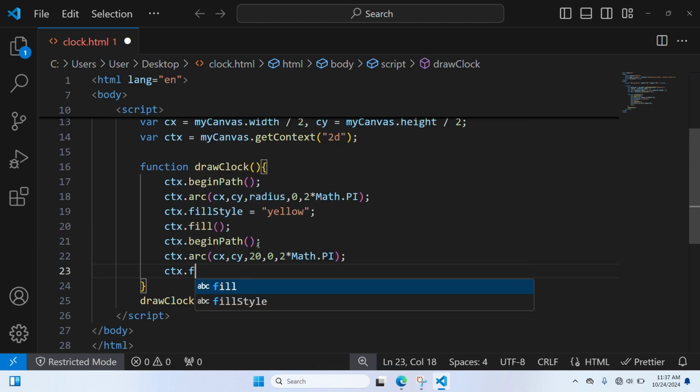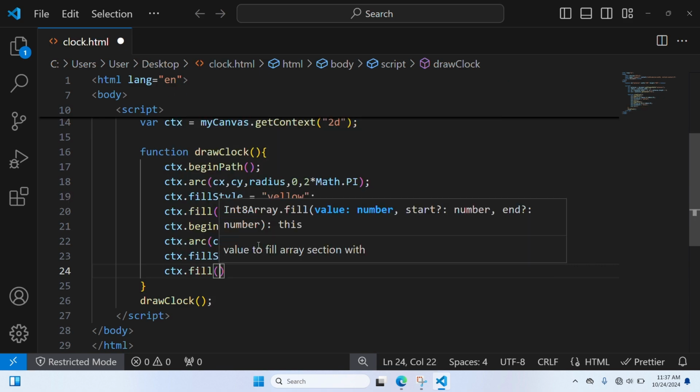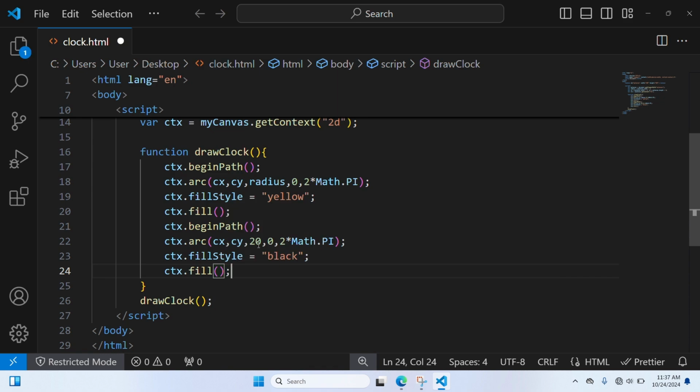The fill style will be different. Let's say black. Now fill it. Let's save it and refresh our page. You can see one black circle at the center of the yellow circle. Now come back to our HTML file.